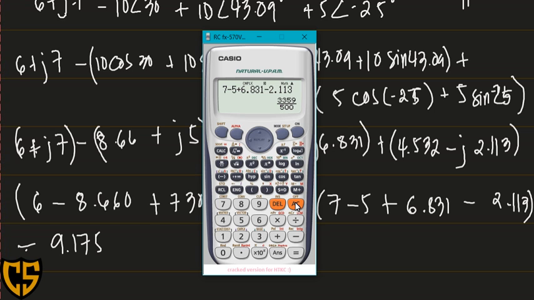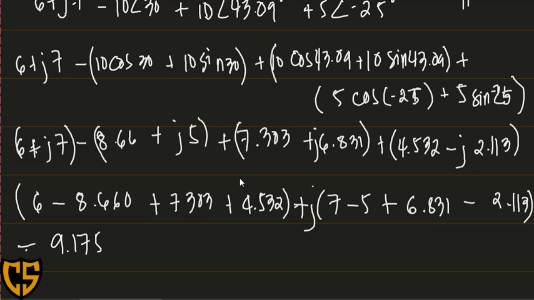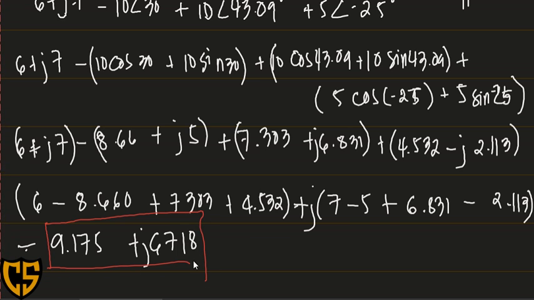This is equal to 6.718. So positive 6.718j. Okay, so now this is in rectangular form, so this will be our final answer.